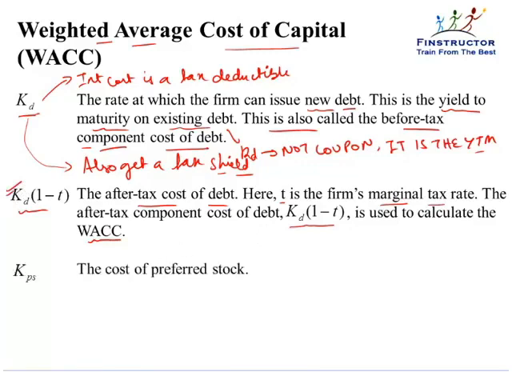Another popular source of financing is called the preferred stock. So preferred stock is similar to debt in that we pay a fixed coupon, just like debt. It is like equity to the extent that there is no guaranteed time to maturity, or there's no time at which we are assured that we will get our principal back on the preferred stock.